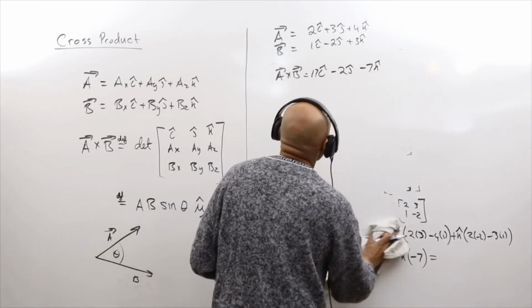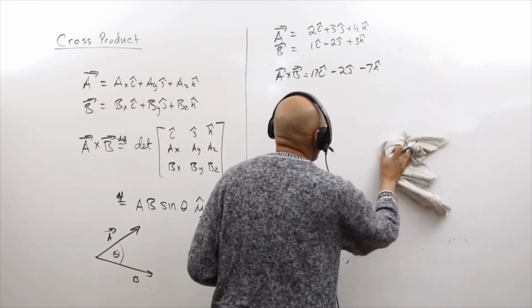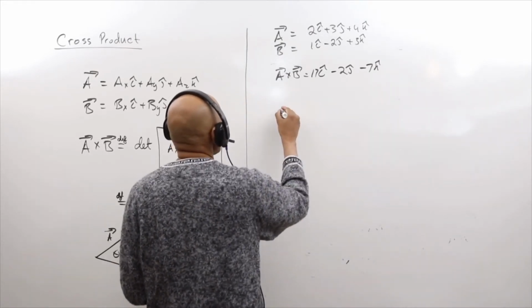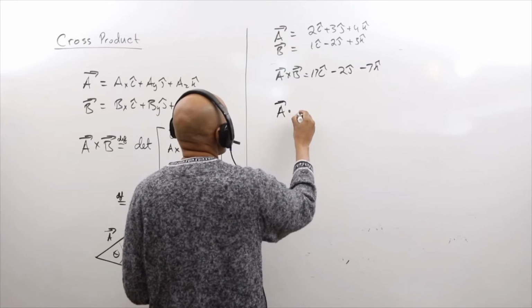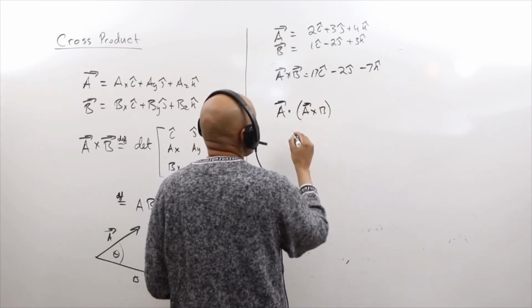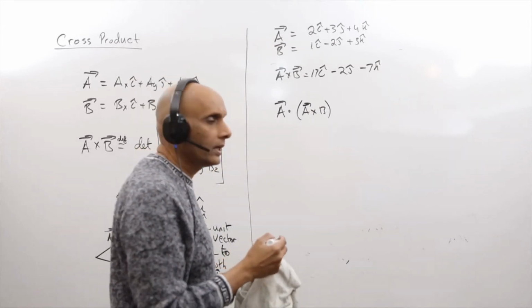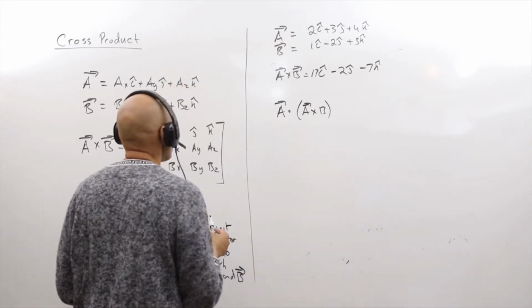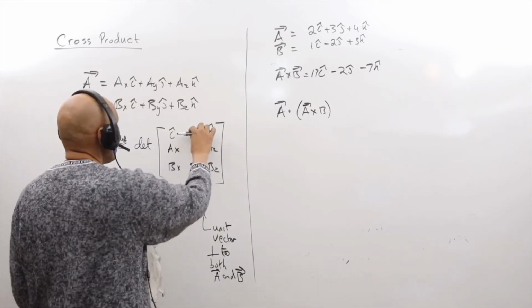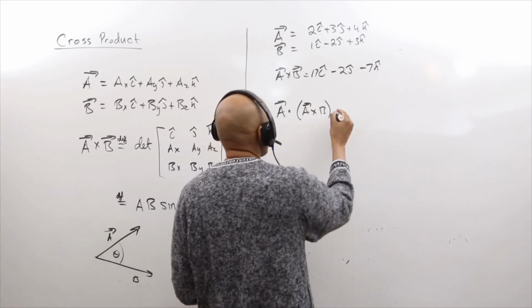One way to check if A cross B is perpendicular is to take the dot product. And this leads to a new concept called the triple product, and I'll explain that in a separate video. But let's not go into it right now.